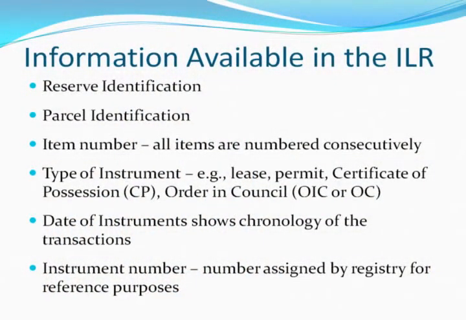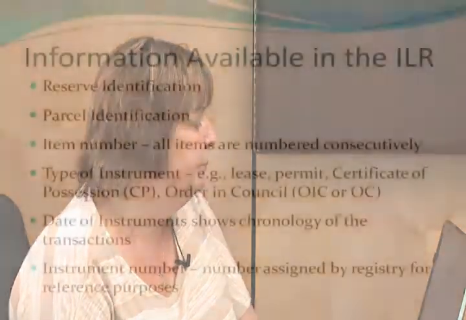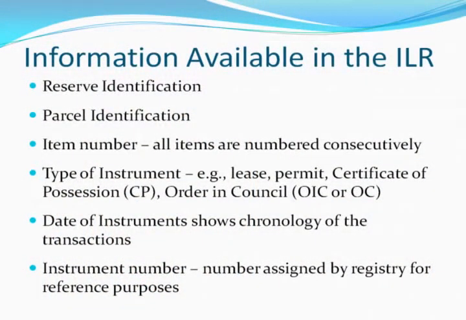You have item numbers. Everything on the registry is numbered, and it helps you just in your sequential searches. The type of instrument is also readily available. It identifies it clearly.